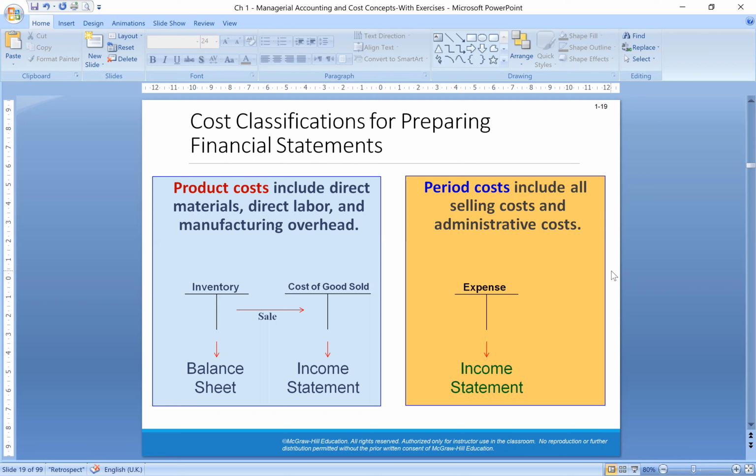But for the period costs, which include all selling costs and administrative costs, all of these period costs are reported to the income statement directly, and it will never be an integral part of the product. So we will consider it as an expense in the income statement.